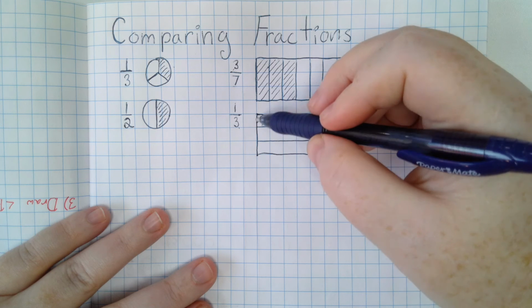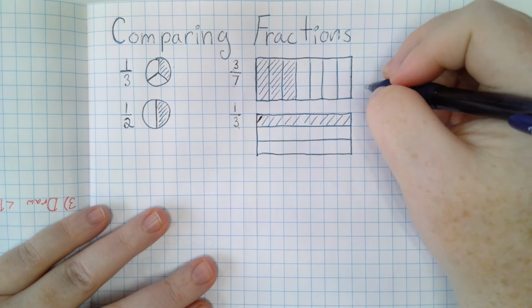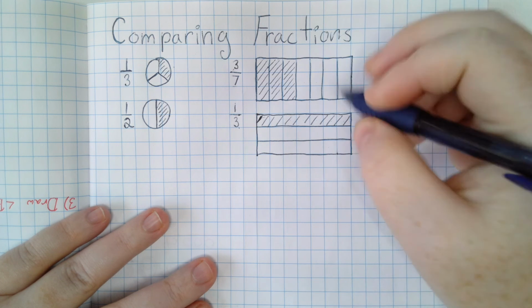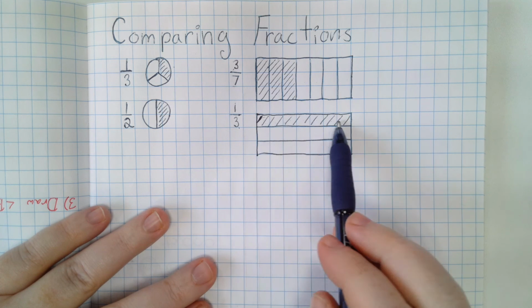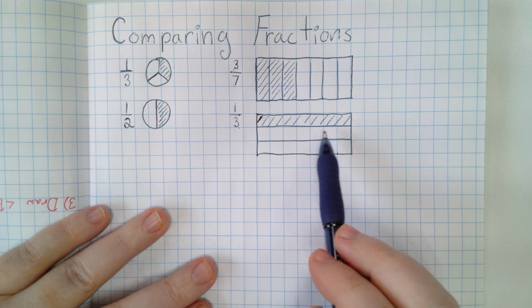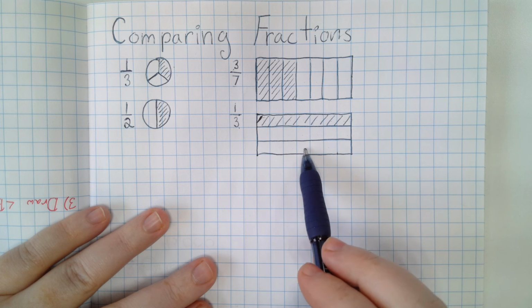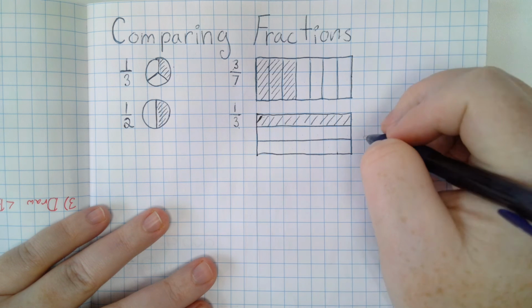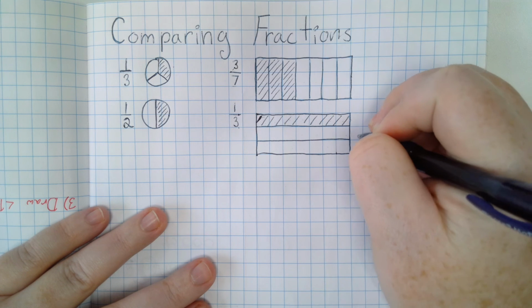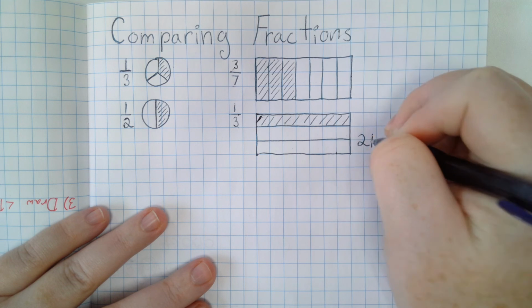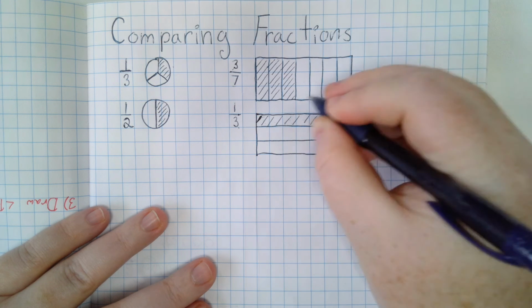When we do multiplication, 3 times 7, so there's 21 little boxes in each one. We can even count. So that's 7, 8, 9, 10, 11, 12, 13, 14, 15, 16, 17, 18, 19, 20, 21. So we can almost make a new fraction with a 21 in the denominator, the whole number of pieces.